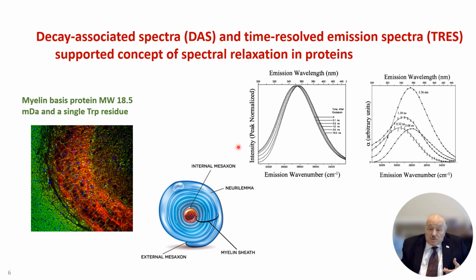This was the protein for which I showed you could get time-dependent emission spectra, that is, emission spectra that shifted to longer wavelengths with time, and that you could do the decay-associated spectra. The order of the lifetimes of the decay-associated spectra were always from the shorter lifetimes at shorter wavelengths to the longer lifetimes at longer wavelengths.